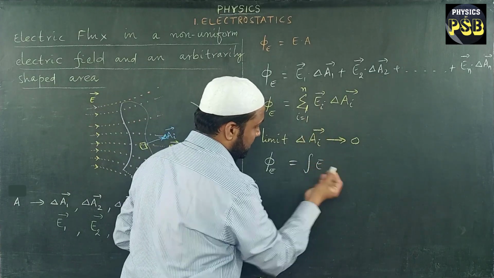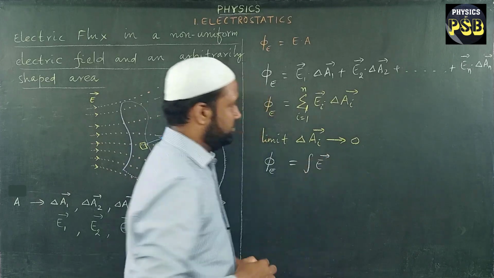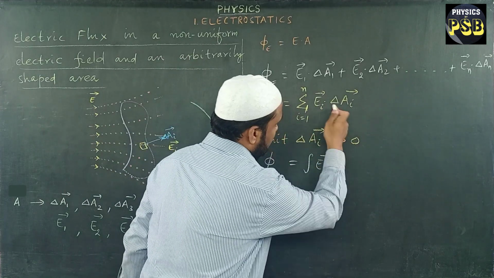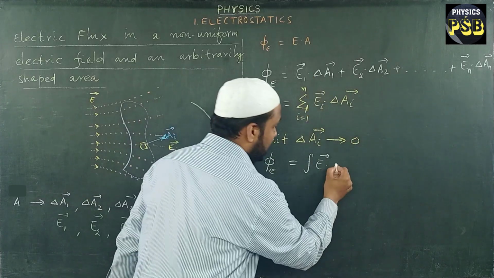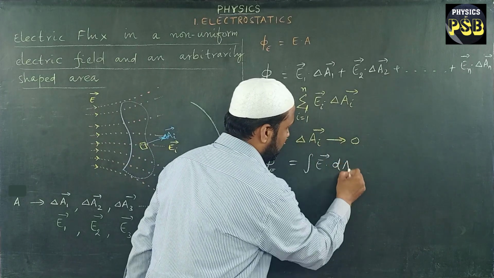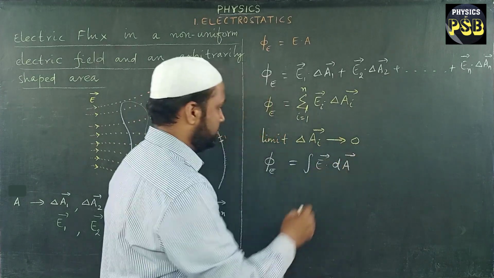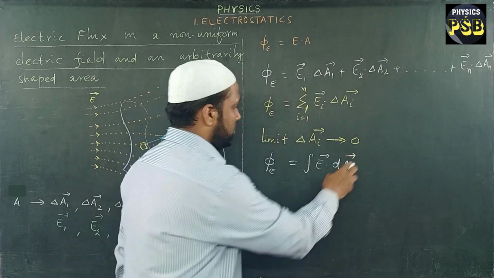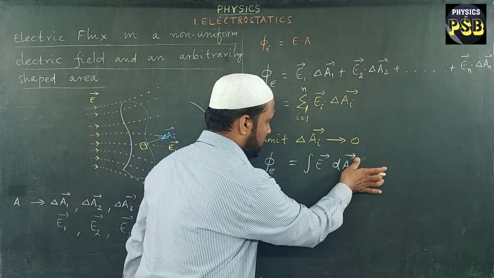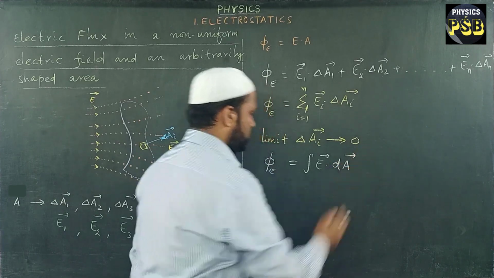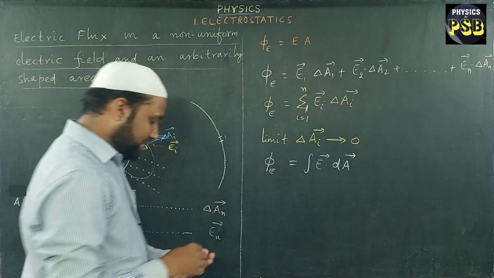Then E vector, I don't write i. In the place of delta, I will write d, which stands for differentiation. dA vector. This is the expression for electric flux. I box this.